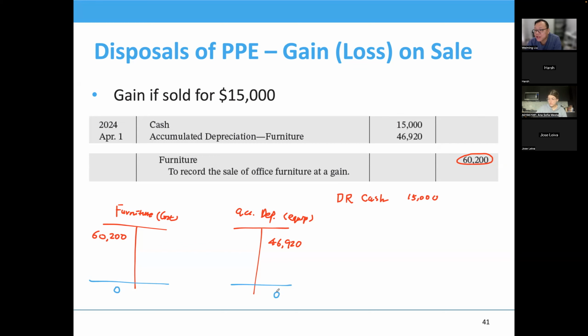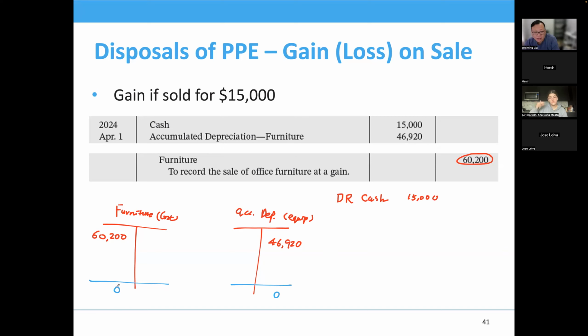Because I remove it from my balance sheet, the asset was sold to other people and became other people's asset. It's not my asset anymore. So the furniture account has to be zero, and the cumulative depreciation on the furniture has to be zero as well. Okay? So now if you take a look at this, it's obvious what you're going to do, right?